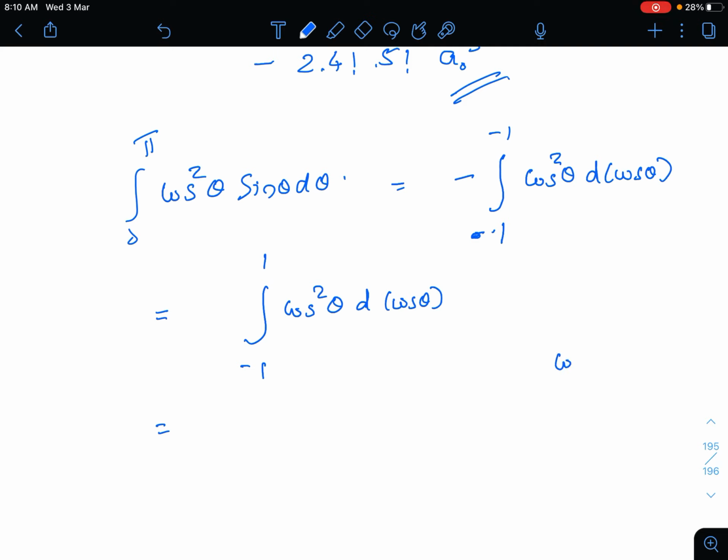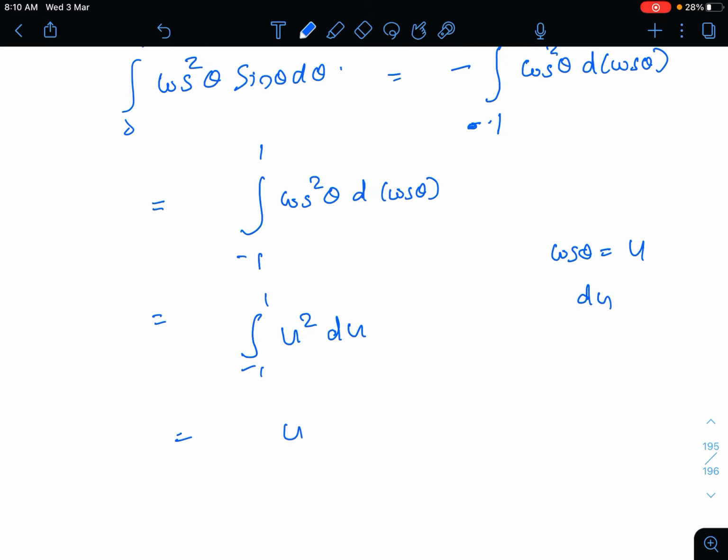So cos theta is equal to u, so minus 1 to plus 1 u square du. So this is simply u cube by 3, integral minus 1 to plus 1. So simply that is 1 by 3 minus minus 1 by 3, which is equal to 2 by 3. Simple. 2 by 3.